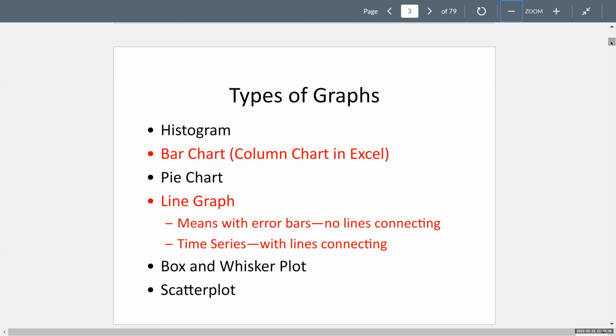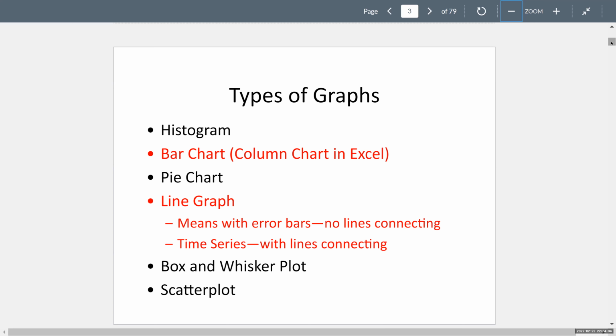A line graph, on the other hand, is going to have either a categorical variable on the x-axis or a special type of categorical data, which is ordinal. So we might have a time series, different years in a row. That's the most common kind of line graph. Typically, we're going to put a line connecting together those time points.